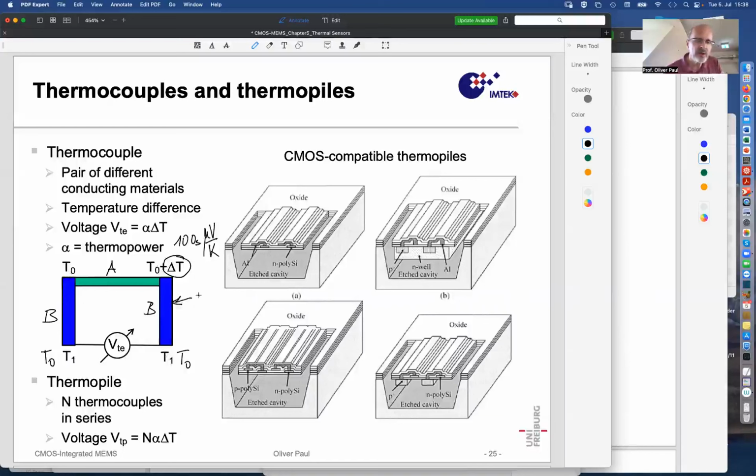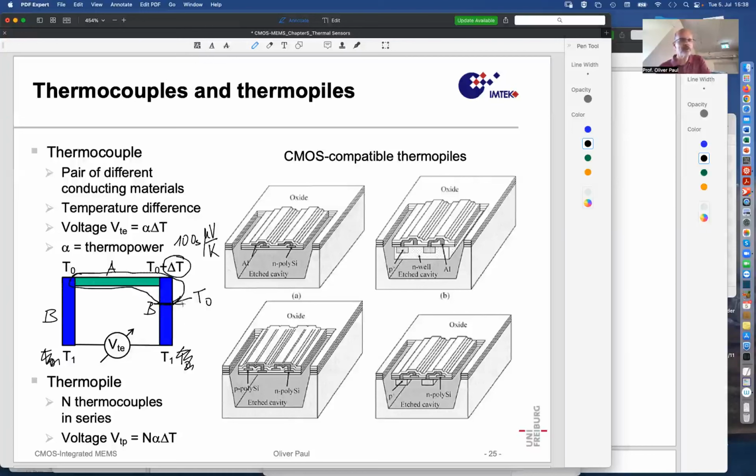So just to make this easier, let me write down that at some point, this element B also has temperature T0. And then you have, again, a complete thermocouple between here and here.